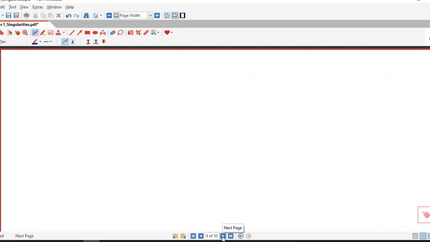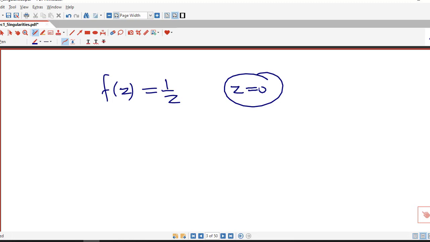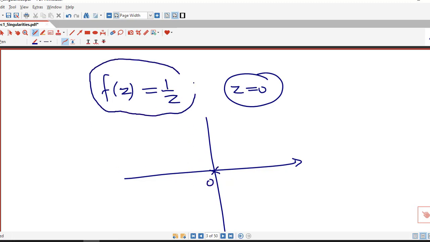For example, we have seen that f of z equal to 1 by z has z equal to 0 as a singular point, and as we know, this function is not analytic at this point only, z equal to 0.